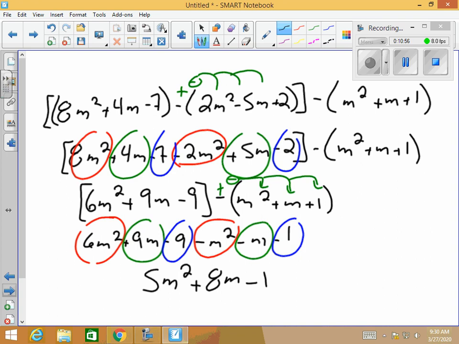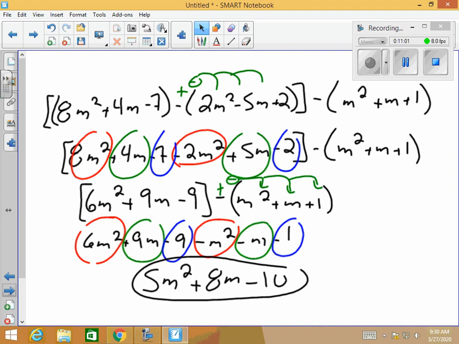And then we go minus 10. And that huge long problem comes out to many multiple steps, but it's the same steps over and over and over. Hopefully that helps you add and subtract polynomials.